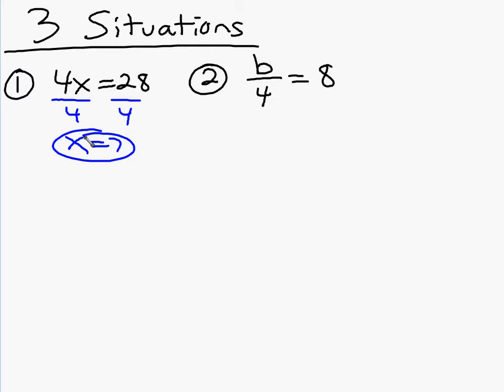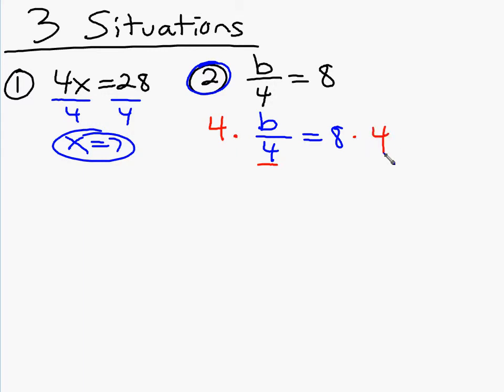The second situation, right here, number 2, I have a number divided by 4 equals 8. So I need to move this 4 over to the other side. So we need to use an opposite. Doesn't that say b divided by 4? So what's the opposite of dividing by 4? Multiplying. So we are going to multiply both sides by 4.